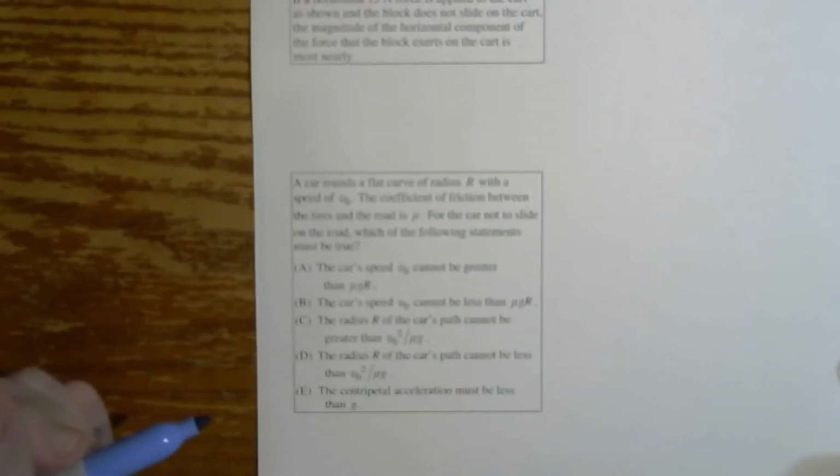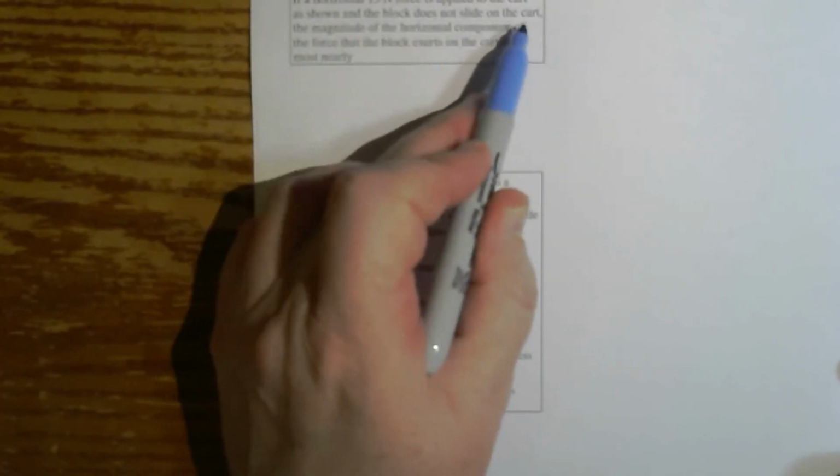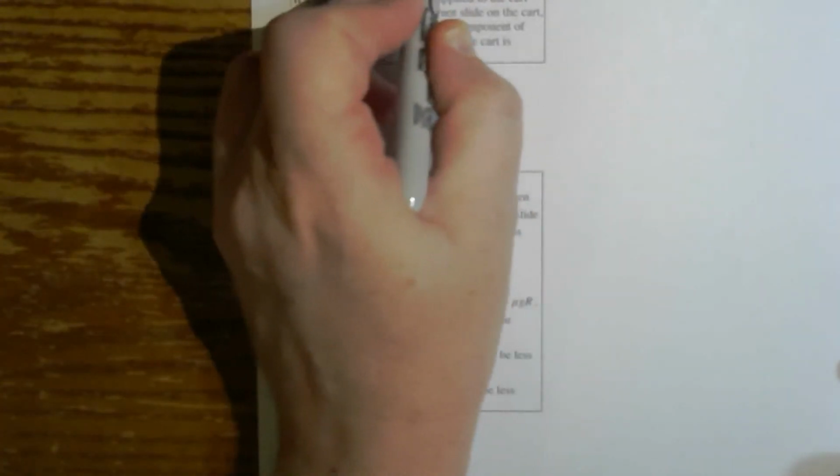The coefficient of static friction between the cart and the block right here is 0.7. And the block does not slide on the cart, so these two things are stationary relative to each other.